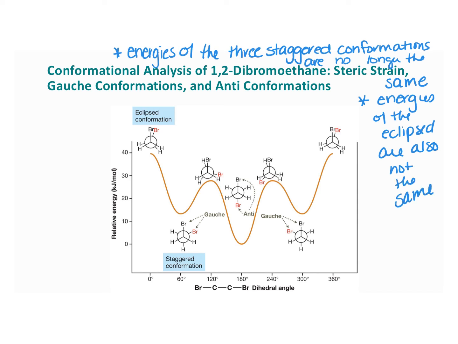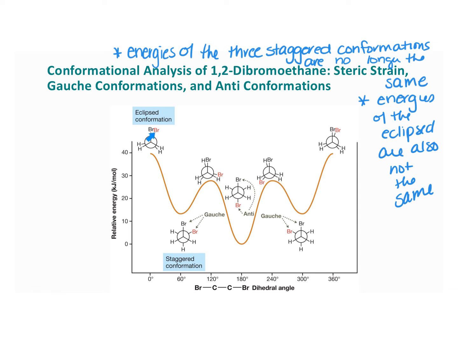So we've got some big differences here. The differences in energy among the staggered conformations and the eclipsed conformations are mainly due to the much larger size of the bromine atom relative to the hydrogen atom.